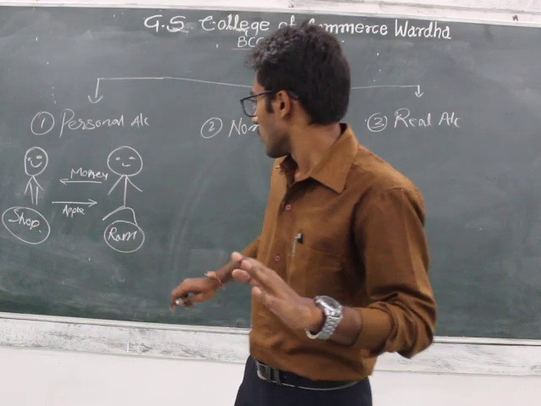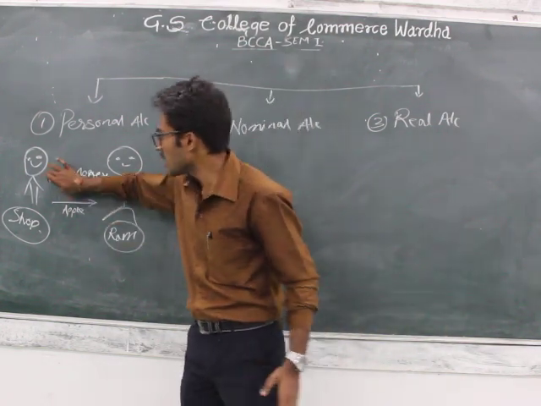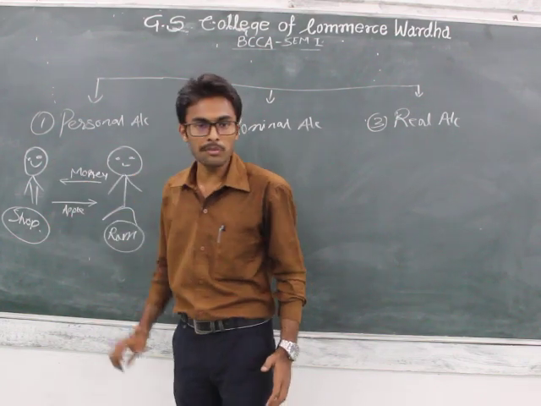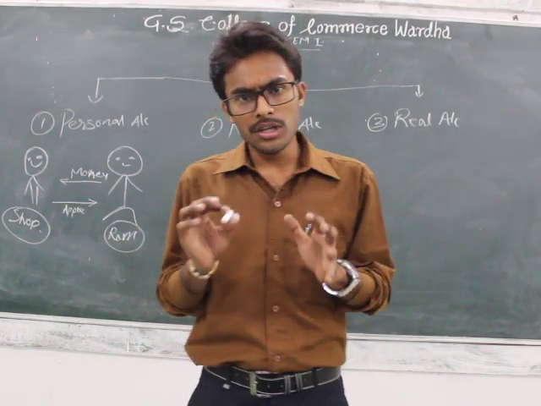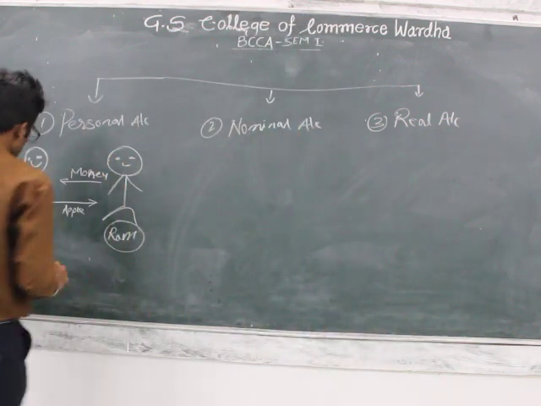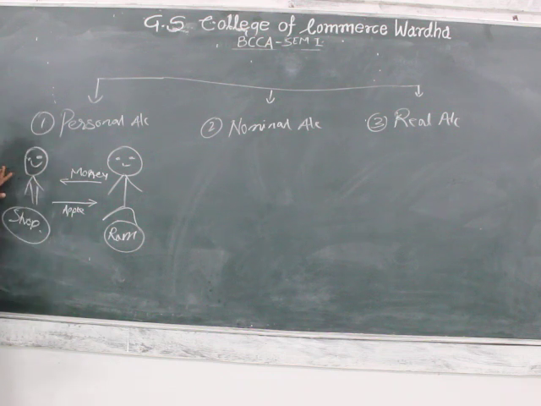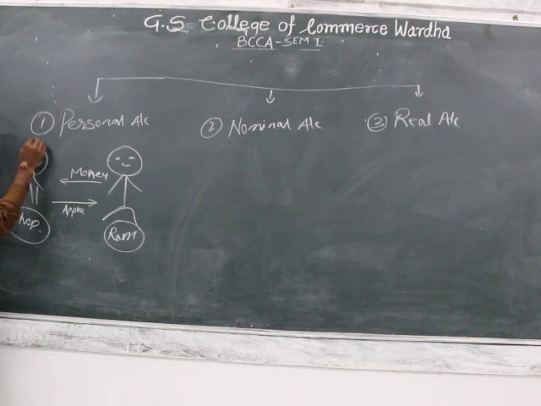Now see this transaction as per his view, his view meaning the shopkeeper's view. Put yourself in the shopkeeper's place. The shopkeeper is getting money and giving apples, and we are considering the shopkeeper's view.